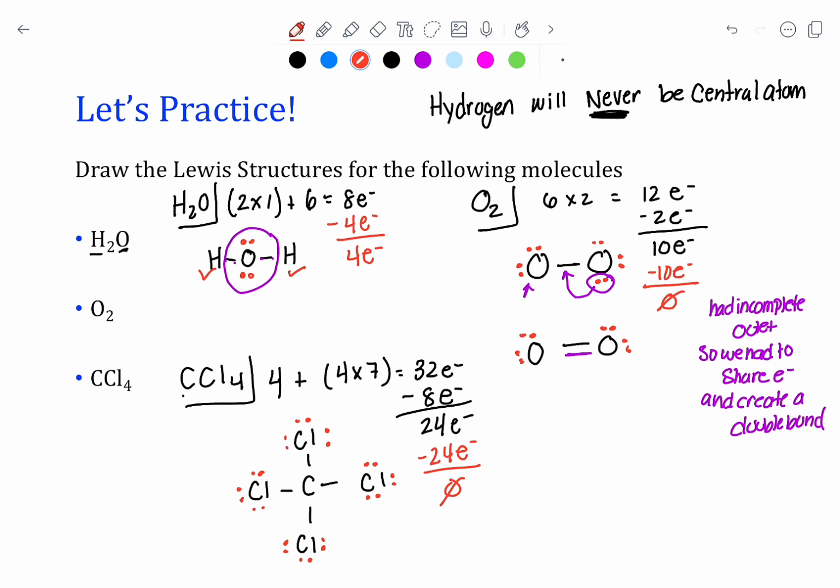So all of my chlorines have their octets. Let's just double check that our carbon has an octet. It has 4 bonds around it, which means it has 8 electrons surrounding it, because each bond has 2 electrons. That's a total of 8 electrons. So carbon also has its octet, and that is our finalized Lewis structure.